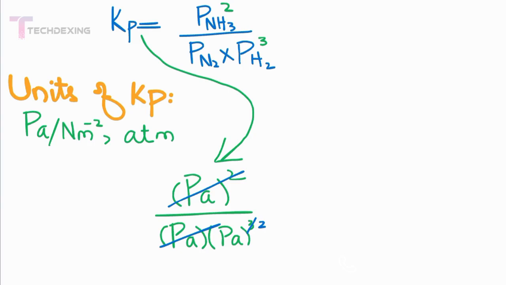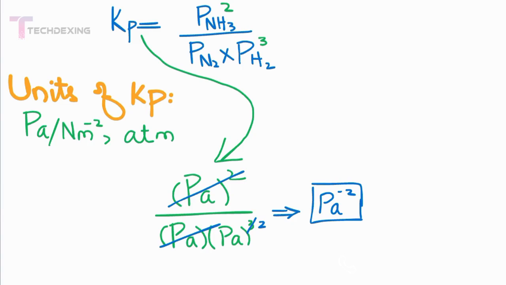Then you can rearrange this equation, taking the square of Pascal to the upper side of the fraction, and it would become Pascal raised to the power minus 2. So this is the unit for Kp. Got it? Yes. Okay, good.